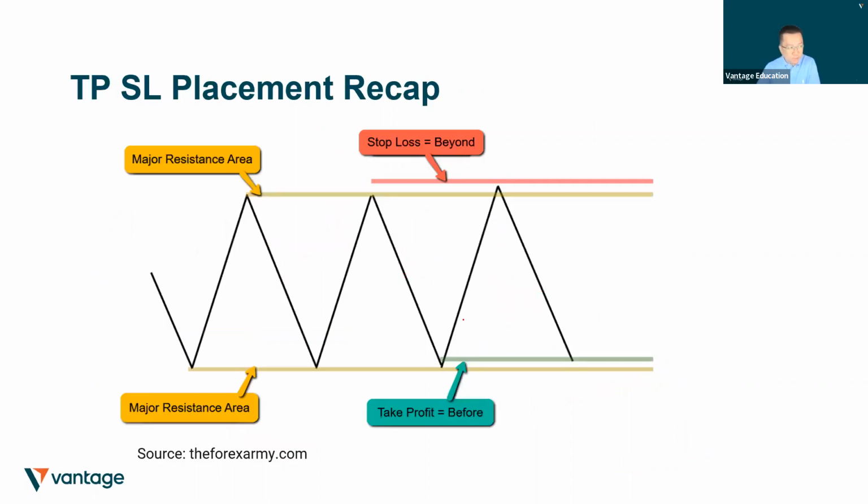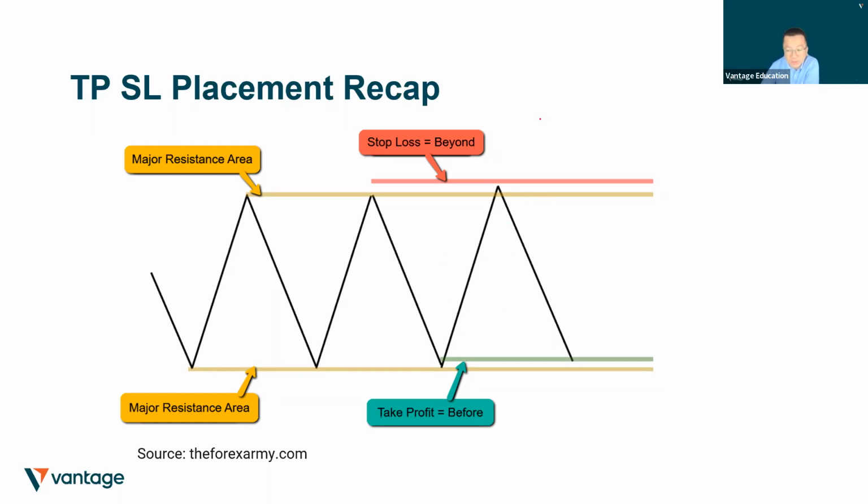So again, a quick recap, as I was just drawing for you, your stop loss levels and take profit levels. Remember, I think that most traders, well, actually all traders, will always be trading with a support level or major support level here, and a resistance level to the top. So you always want to remember that your stop loss is beyond the level and your take profit is before.